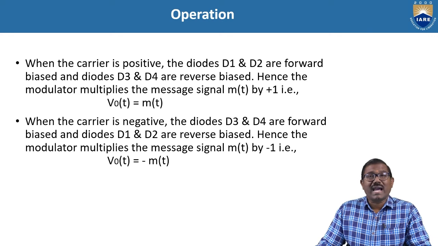When the carrier is negative, the diodes D3 and D4 are forward biased, and diodes D1, D2 are reverse biased. Hence the modulator multiplies the message signal M of t by -1. So V naught of t is equal to minus M of t.